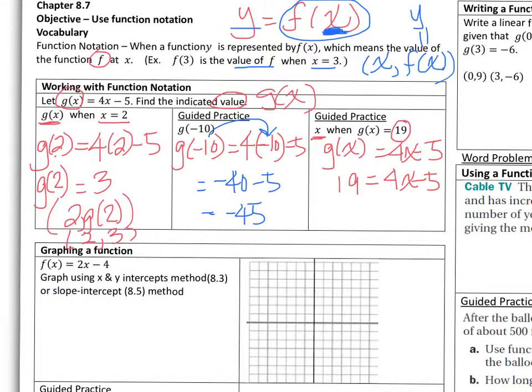And I can solve for x. You add 5 to both sides of the equation. And this would be 24 equals 4x. And x will go to 6.